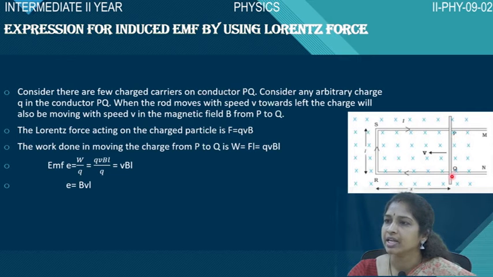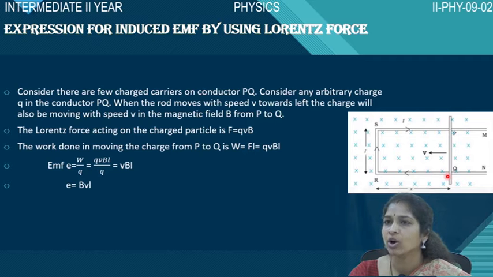When this conductor is moving with a velocity V, there are a few charged carriers on the conductor PQ that are moving from P to Q in the magnetic field. Because here you can see this is a current carrying conductor. This arrow indicates the direction of the current. When current is passing through this conductor, I can say current is passing from P to Q. What is current?